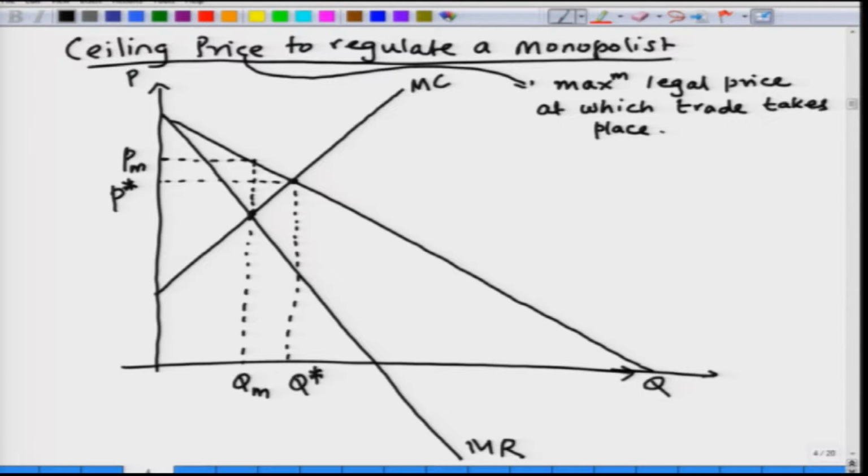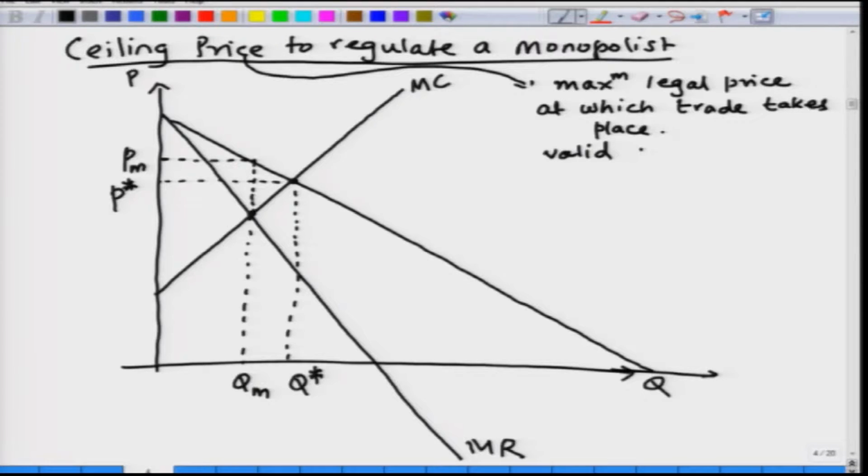So, this is the maximum legal price at which trade takes place. So, a valid ceiling price when you have a monopoly, so the monopoly price already is PM. So, a valid ceiling price is any price less than PM. So, a valid ceiling price, so let us call the ceiling price to be PC, is less than PM.